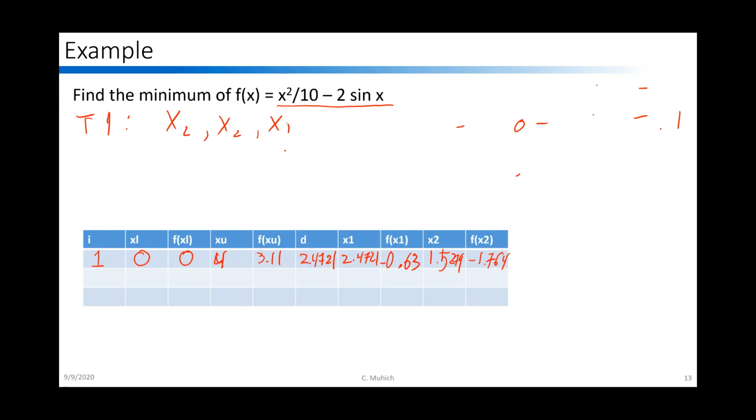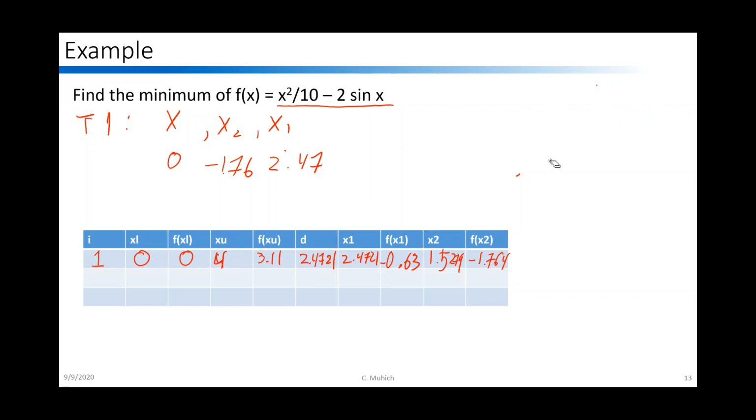We can put the function values in here: 0, negative 1.76, and then for x1 it was 2.47.